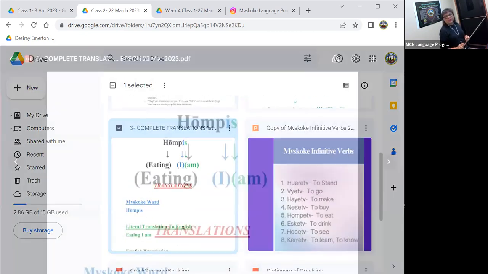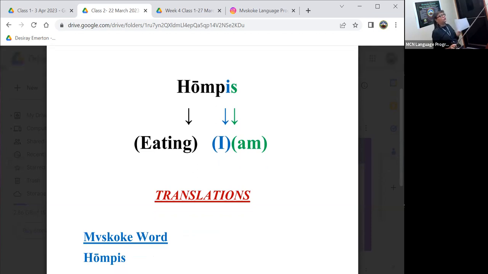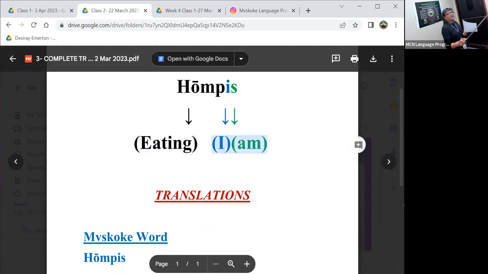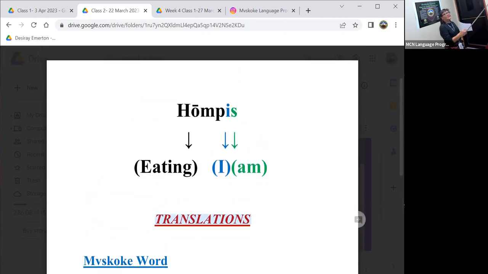And this is the complete translation. Like I said, I'm trying to do it where I break it down more than once. So you guys who need to have the visual, it's step by step. Right here, you see the verb stem. Right here, you see the person marker, the I. And then right here, the green is the declarative ending. So the literal translation, and I like the fact that this is a sentence, is eating, I am.